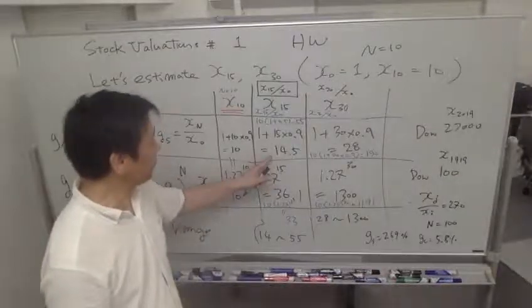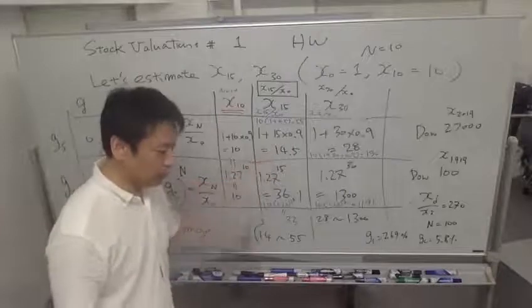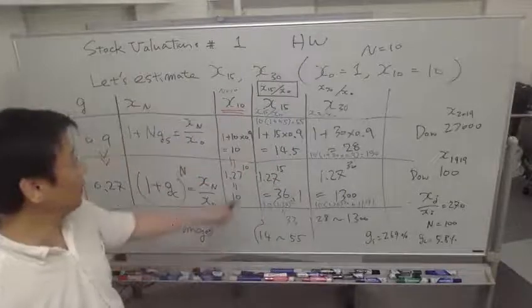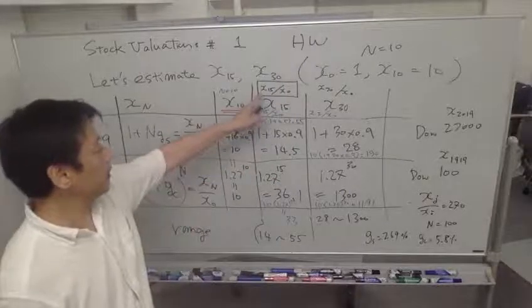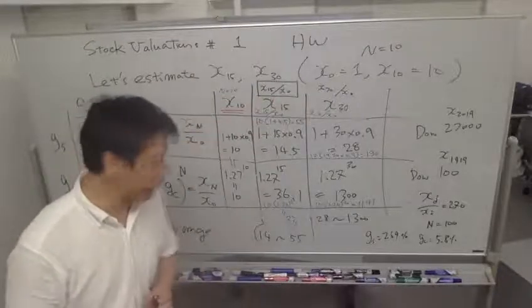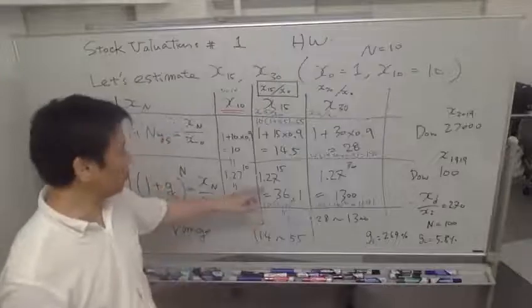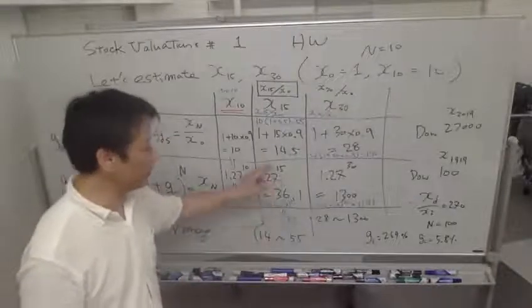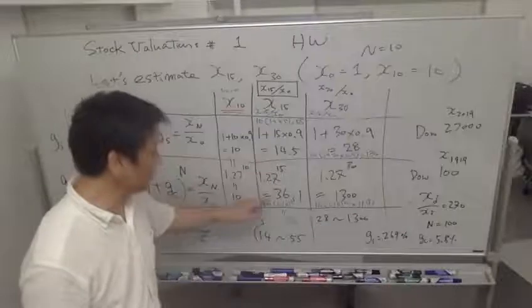On the other hand, for G compound, we use 15 and 0 as the index, so 1.27 to the 15th power would be 36.